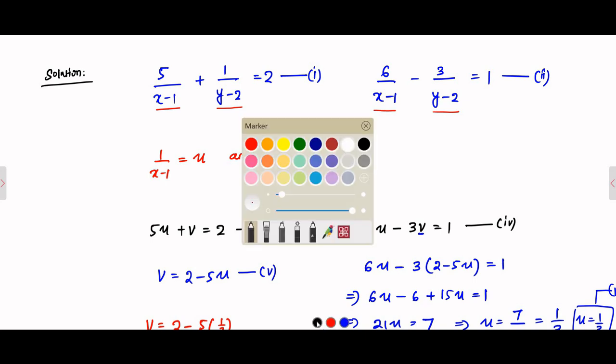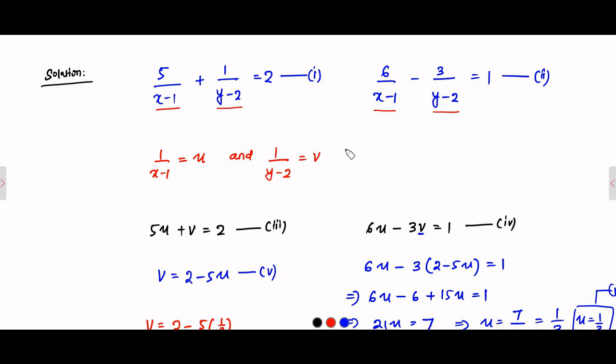So here 1 by x minus 1 is equal to u, which is equal to 1 by 3. That implies x minus 1 is equal to 3. That implies x is equal to 3 plus 1, that is equal to 4. So x is equal to 4.